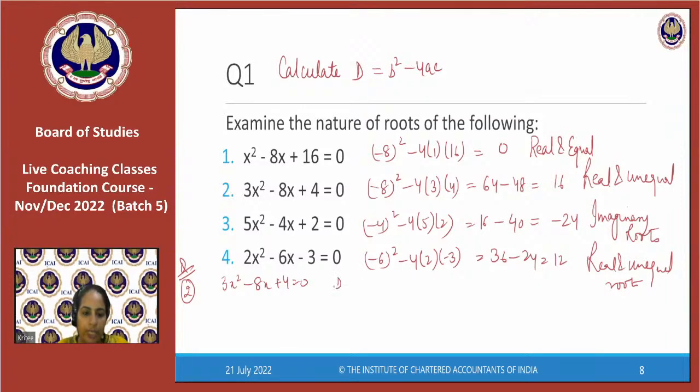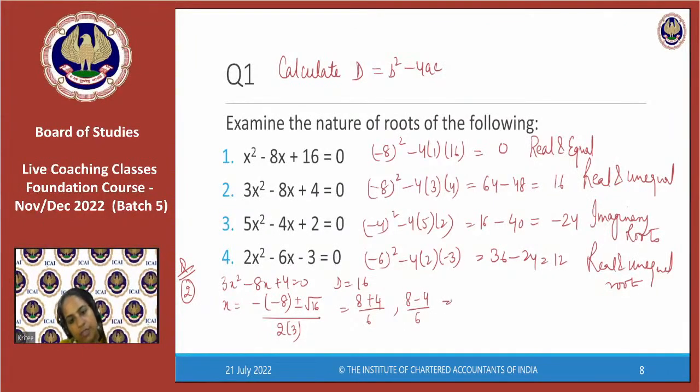I have already calculated D. D is 16. So my x value will be minus b plus or minus root D by 2a. That is 8 plus 4 by 6, 8 minus 4 by 6.